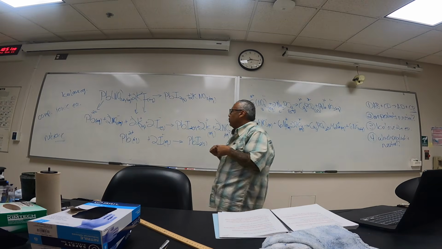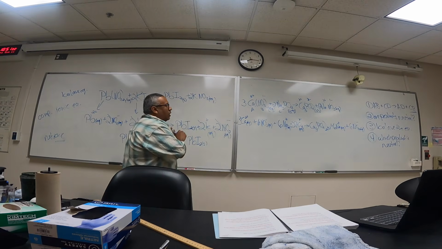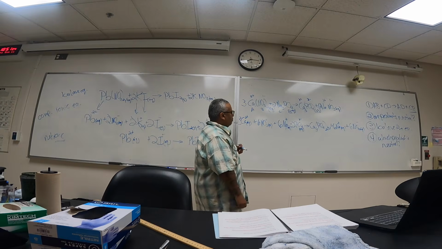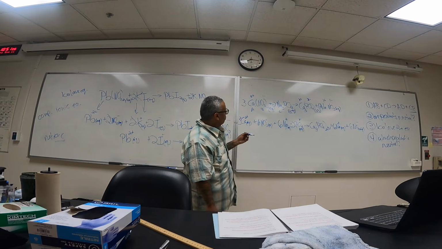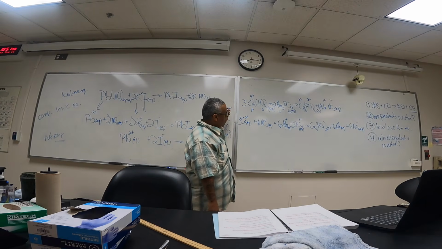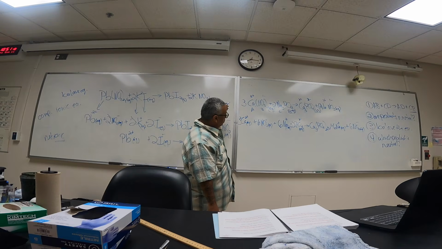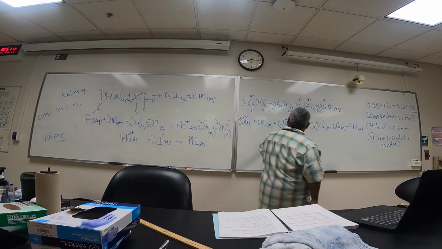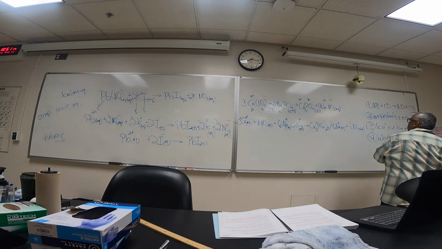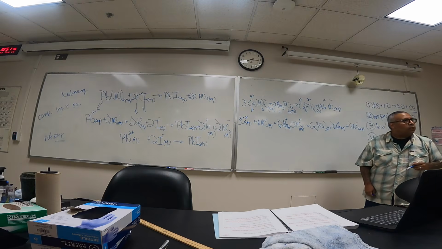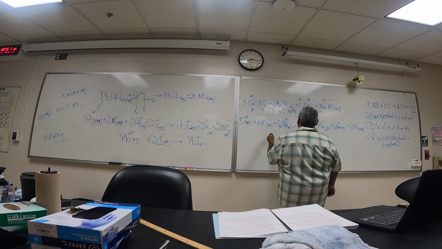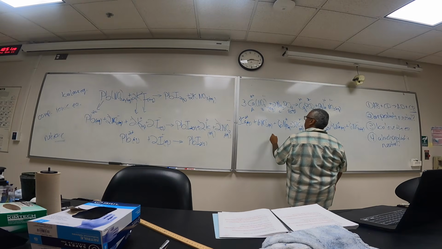So from here, we go to the net ionic. Which ones can I cross out? The nitrate and the sodium. Anything that we don't cross out is our net ionic equation.